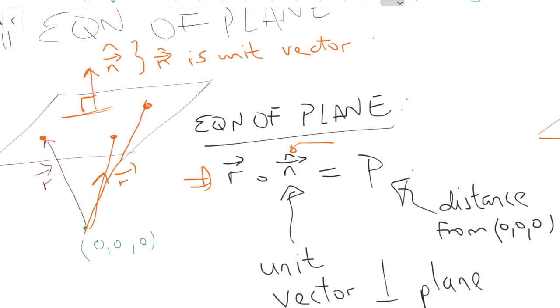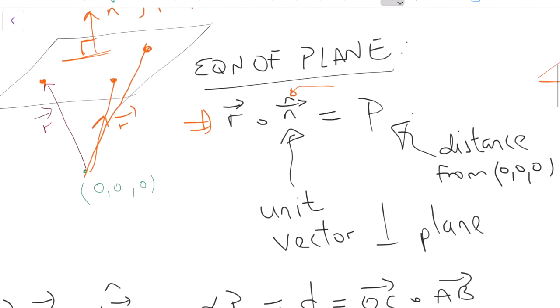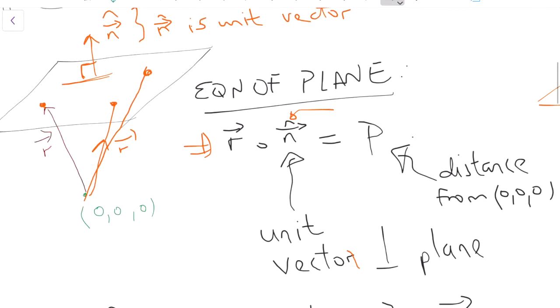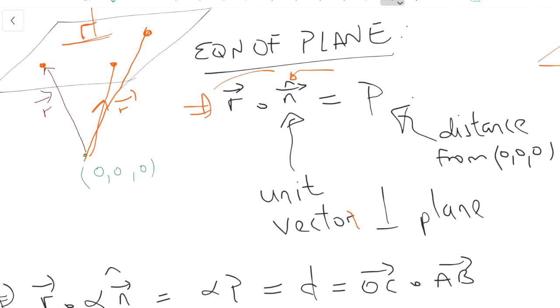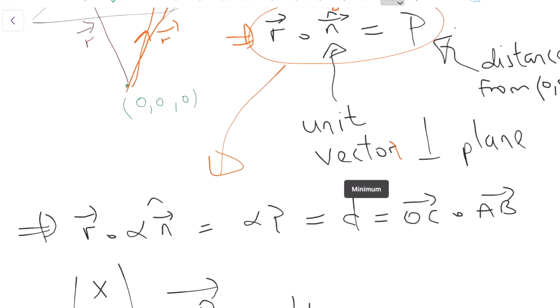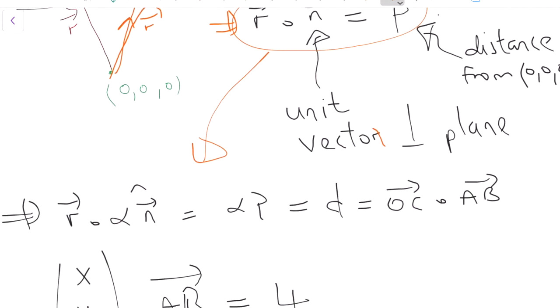Well, R is some general point of a plane, but we have AB. So AB is not a unit vector, but then we can modify this equation right here to obtain this equation. So multiply by some constant, and let's change the name of the constant to some constant C. Right?